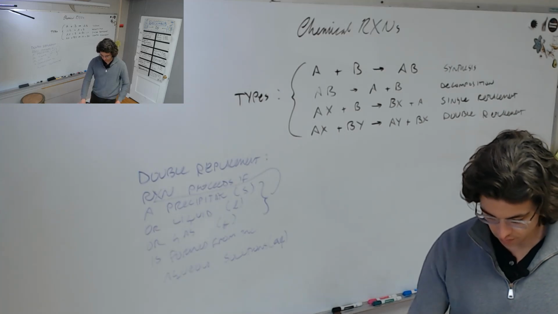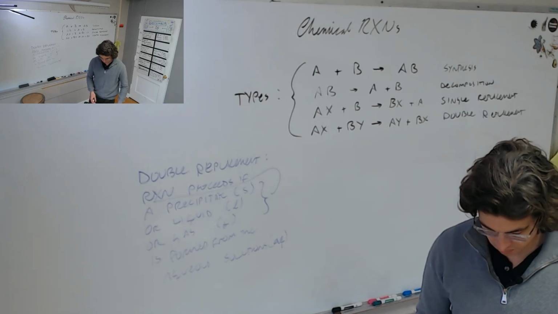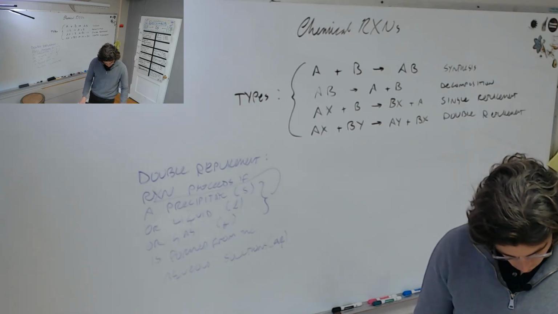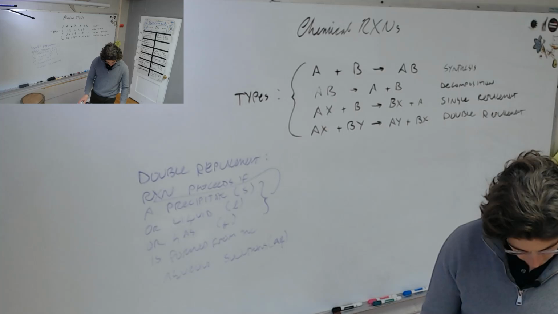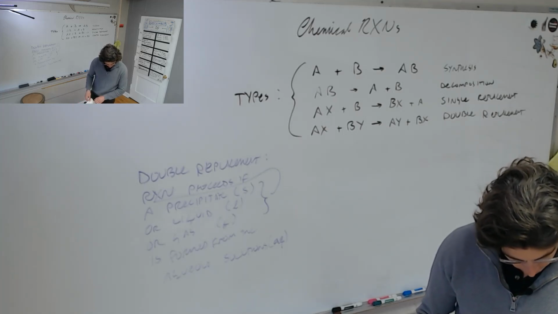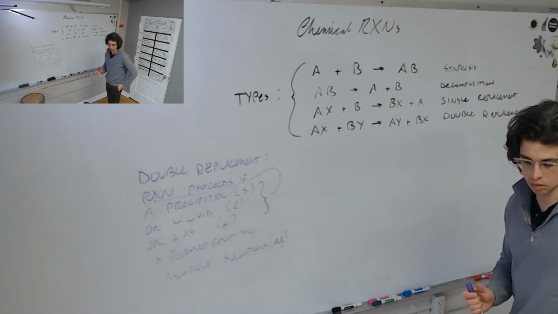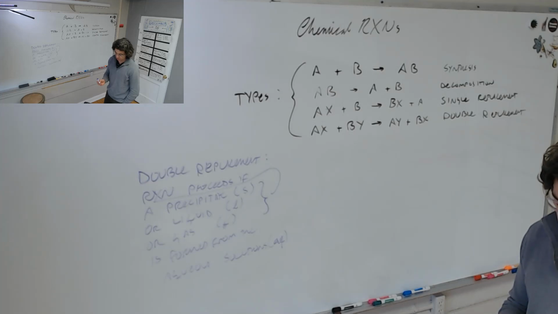But if we're just given the substances, we have to consult the solubility table, which we will get in a second. And once we do that, we use something called net ionic equations, and I'll show you that in a second. So I'm going to do the example from the book.